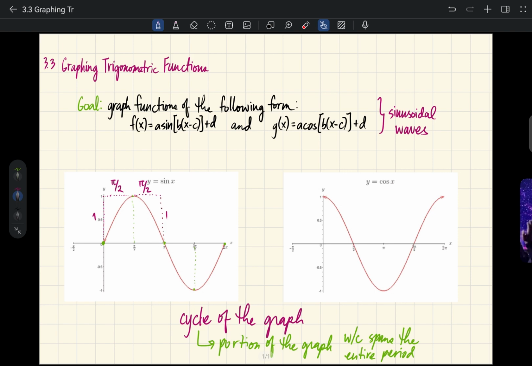Then from the third point to the fourth point, you move 1 unit down and pi over 2 units to the right. And lastly, from the fourth to the last point, you move pi over 2 units to the right and 1 unit up.